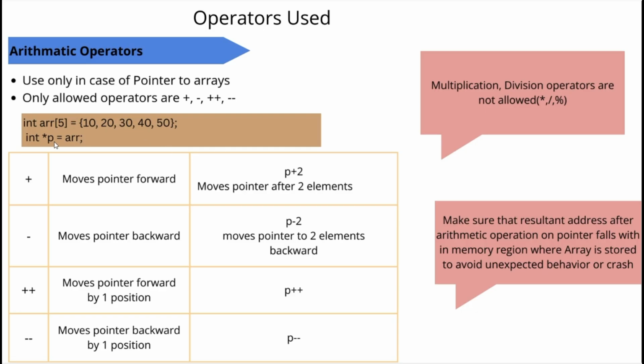If you do p plus 100 here, the address will be 100 elements from this 10, which does not fall in your array region, because your array has only 5 elements. It will go to some other memory location. If you try to access it, it will either give a segmentation fault or some garbage values, unwanted results. So you should be careful while using these arithmetic operations on pointers.